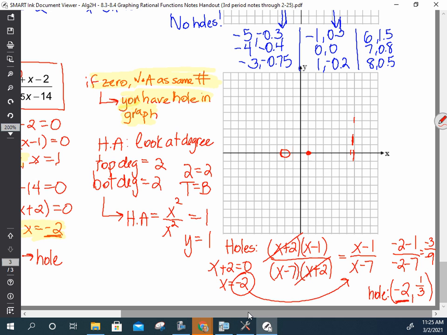Draw your vertical line. Your horizontal asymptote is 1. And the holes we took care of. So now we just need to do the graph. So let's take care of that.